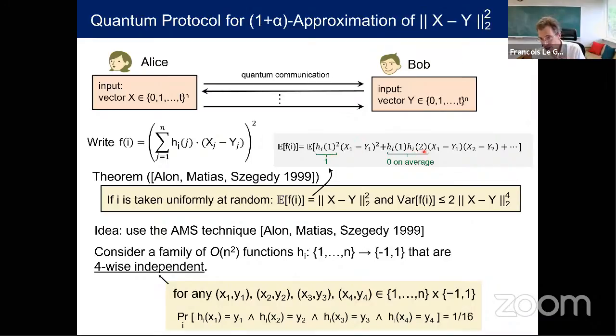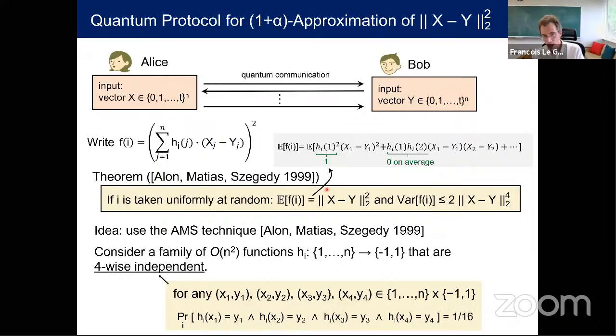But for the next term, with 1 and 2, it will be h_i1 times h_i2. Both are 1 with probability 1/2 and minus 1 with probability 1/2, so the product is minus 1 or 1, each with probability 1/2. So on average it will be 0, and this term will disappear. What will remain is exactly this quantity. For the variance, you have a similar, much more complicated calculation, but you can show this bound.